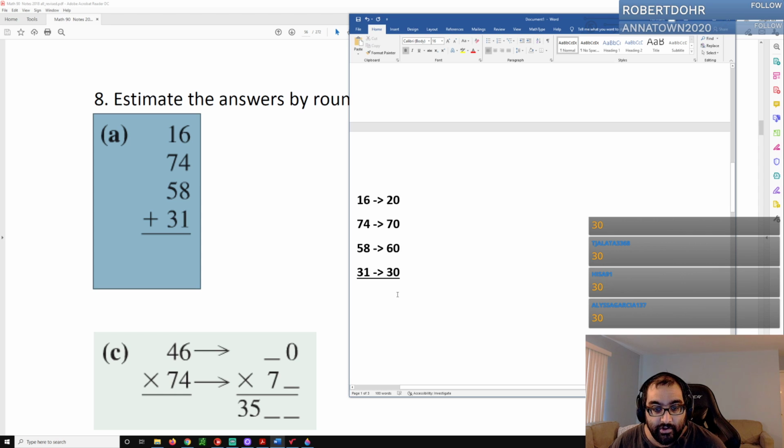Okay. So let's look at next here. Next, we're going to add all these numbers together, because that's what we would have done if we were doing the exact answer. So we're going to do 20 plus 70 plus 60 plus 30. You could just do our same regular old adding here. We add straight down, we get 0.